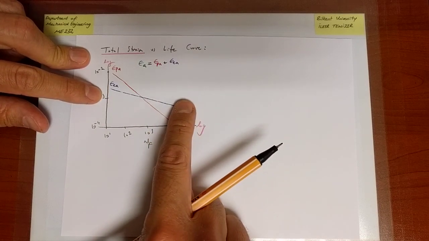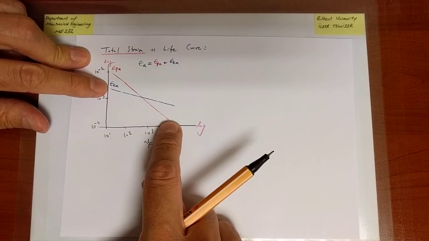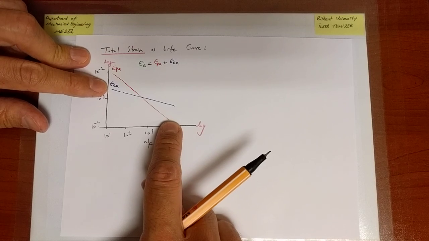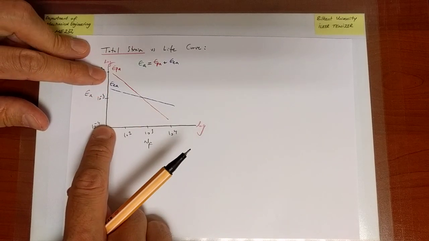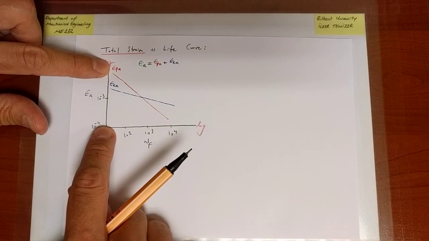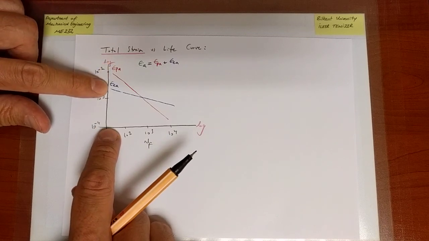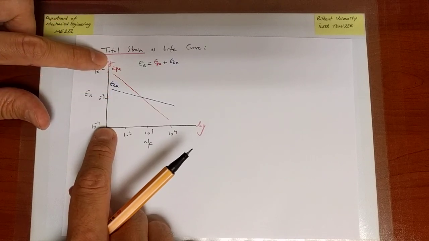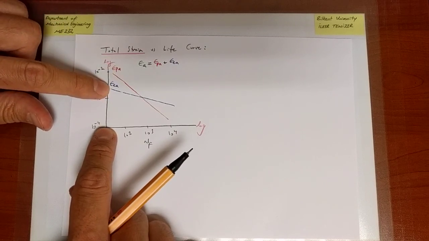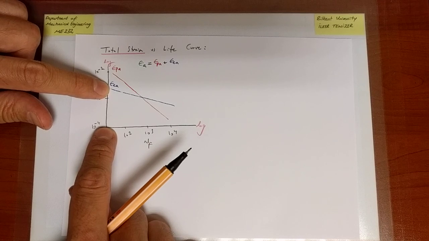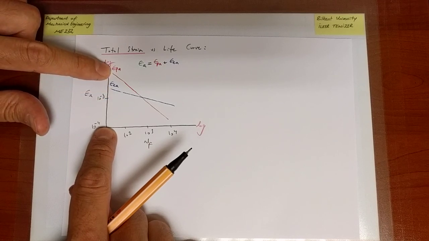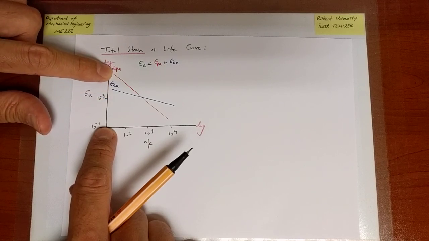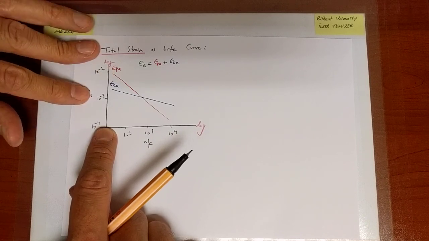So in order to achieve large life, we need to make sure that plastic strains are small. If we induce very large stresses, they are accompanied by very large plastic strains compared to elastic strains, and we end up with small life. So if we sum these, because we're on a log scale and PA is much larger than EA, then we will get a sum that is going to be much closer to the red line on the log scale.